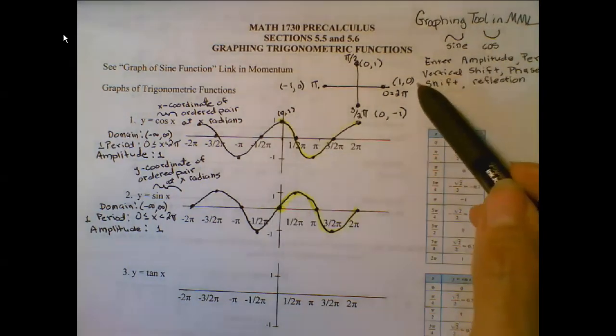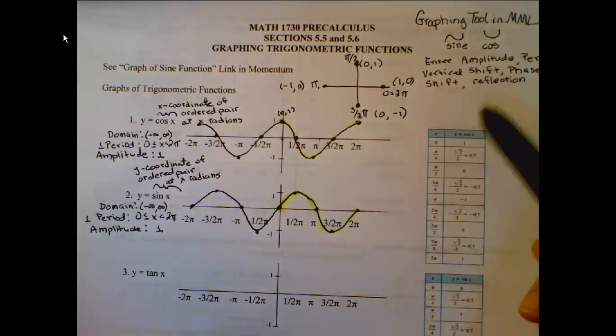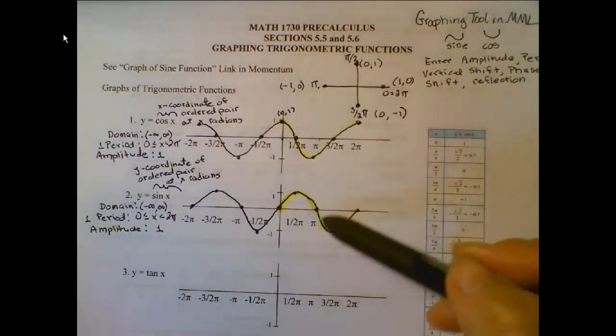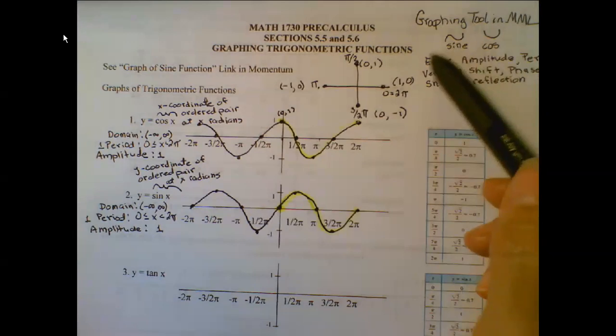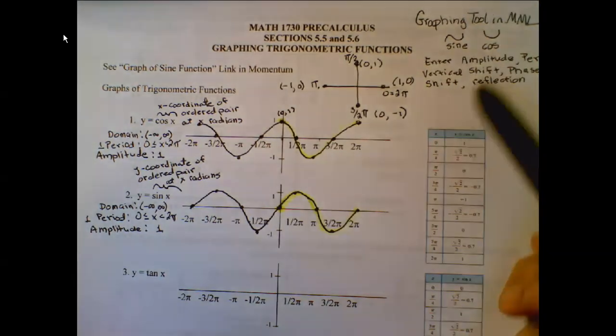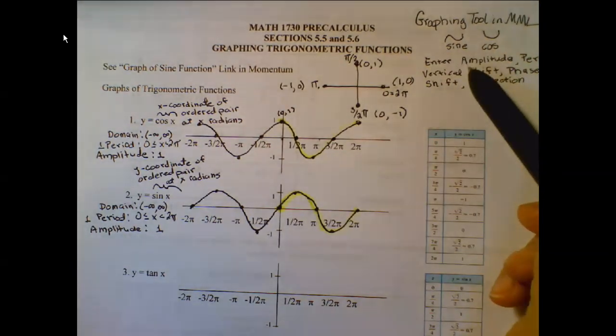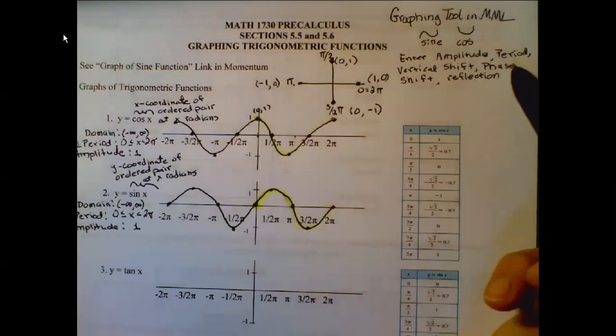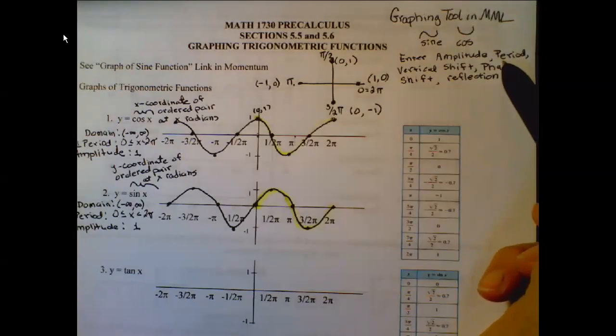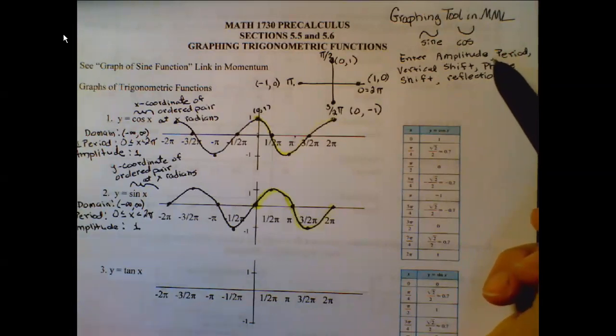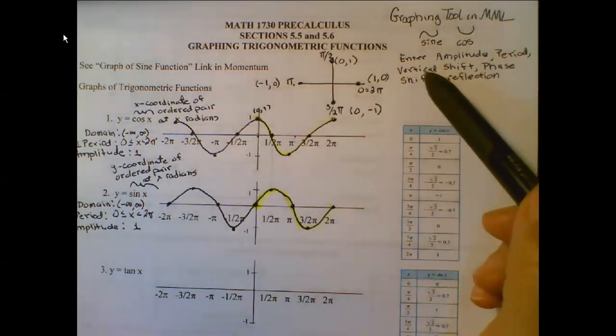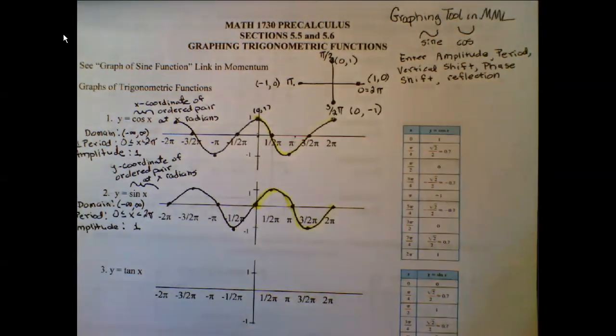And then you have to enter some other information, and my math lab will do the graph for you. After you choose either sine or cosine, you enter the amplitude that will affect the height of the graph. You enter the period, which affects how long it takes a graph to do one whole thing. And then we'll talk about vertical shifts, phase shifts, and reflections in a minute.